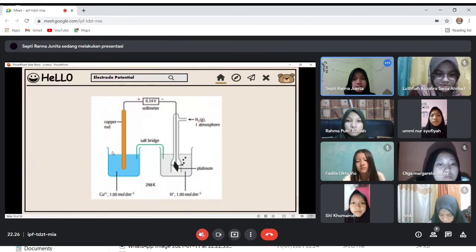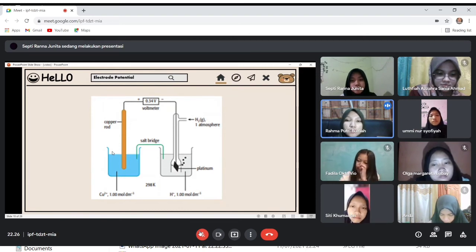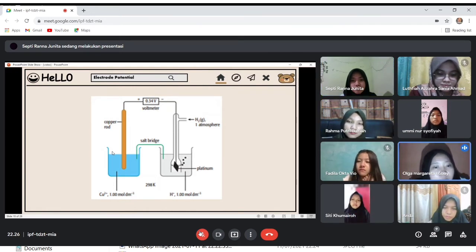Okay, based on the picture, how much is the standard potential value for a half cell of copper? It is 0.34 volts. Why do you answer like that?